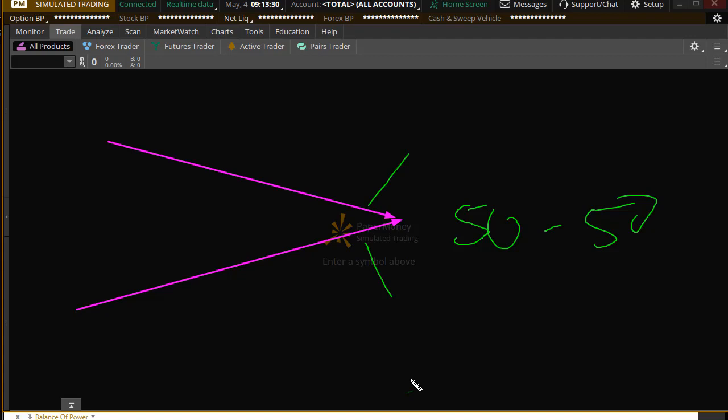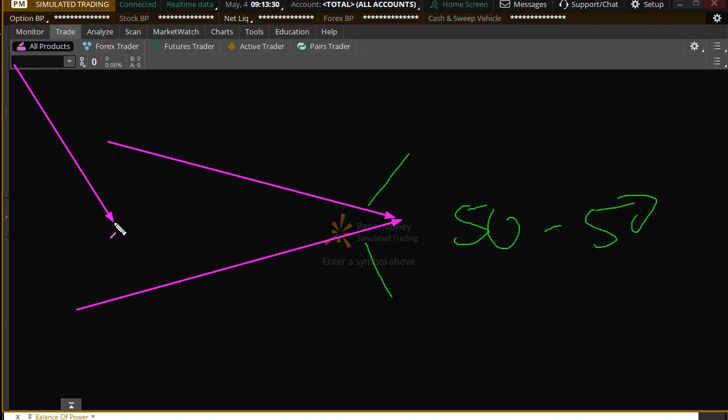Okay, so we don't have that flat top. We don't have that resistance area, and we don't have that sell-off that triggers the formation of that flat top wedge.